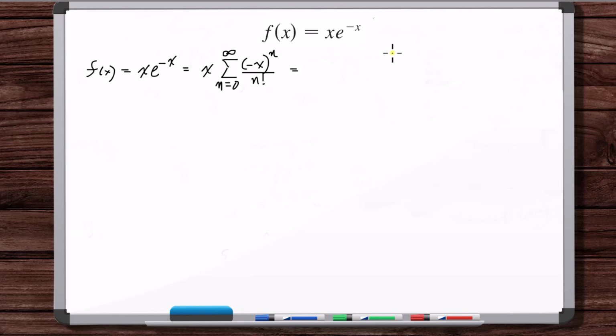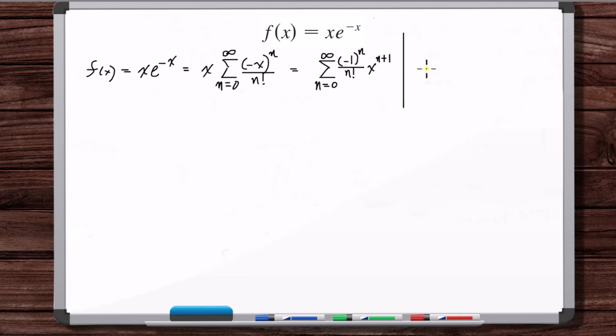So this is minus 1 to the n. We could take out the minus 1 to the n, and then we've got x to the n times x to the first, so that's x to the n plus 1 over n factorial. So there we go.